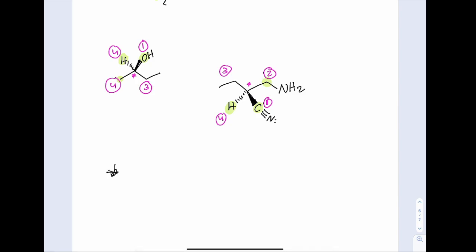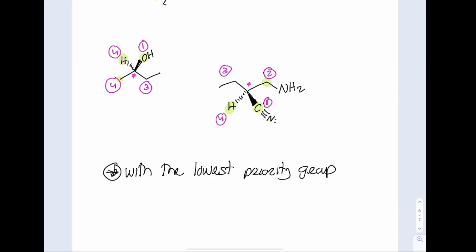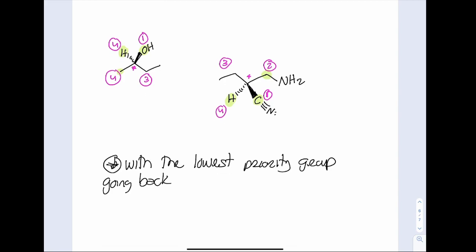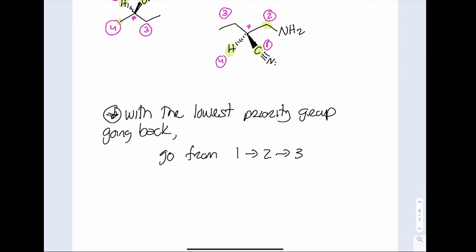So with the lowest priority group going back, and again, that's important, we're going to go from 1 to 2 to 3, from highest priority to second to third. So I'm actually going to draw a little circular arrow going from 1 to 2 to 3 with my lowest priority group pointing back. If you go from 1 to 2 to 3 in the clockwise direction, it's going to be R.